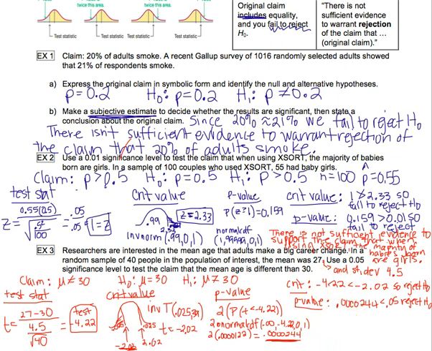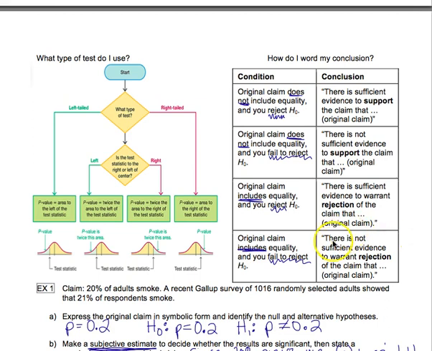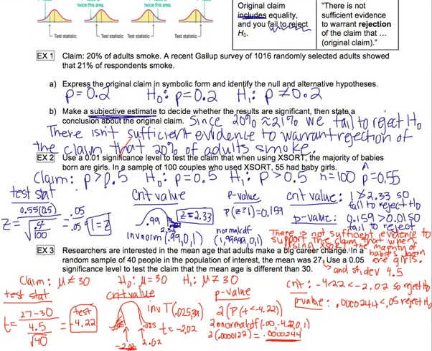So now we just need to word our conclusion. So in this case, we look at our null hypothesis, which was a not equal to, and our reject. So I go back up here. Original claim does not include equality, so that's these two. We rejected, which means we say there is sufficient evidence to support the claim that, and then we fill in our claim.